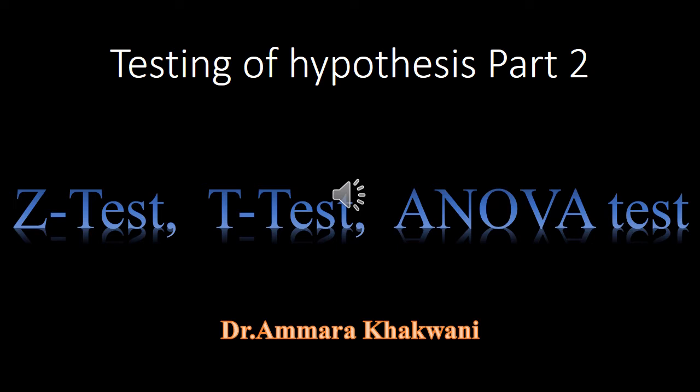In your syllabus are Z test, T test and ANOVA test. So in lecture number 4, testing of hypothesis part 2, we go through the concepts behind the Z test, T test and ANOVA test, and in lecture number 5, 6 or 7 we will use these tests to test our hypothesis.